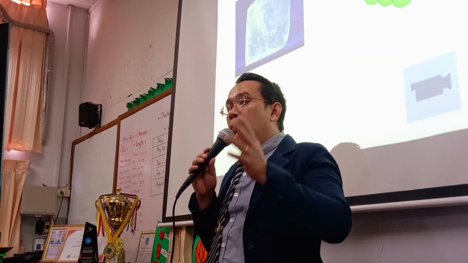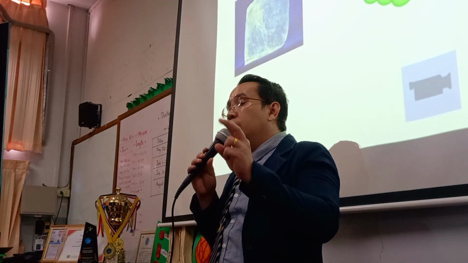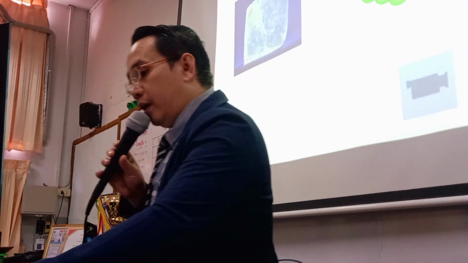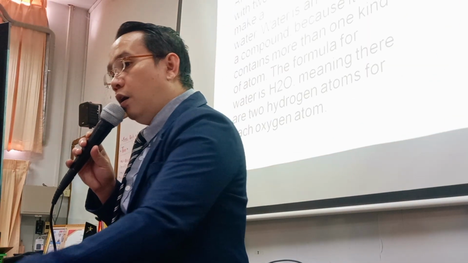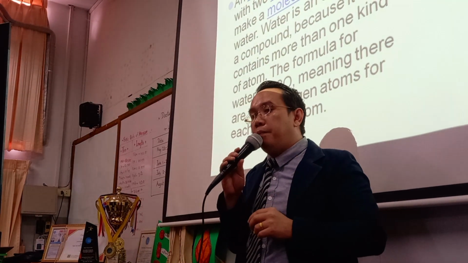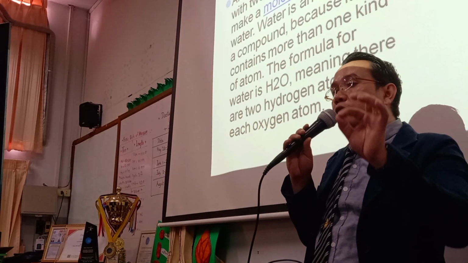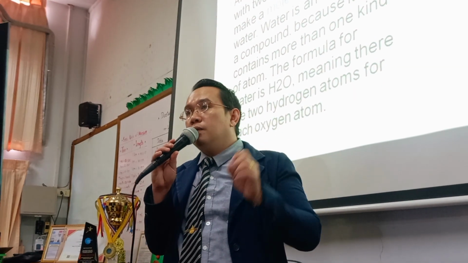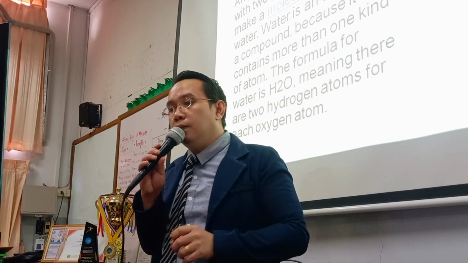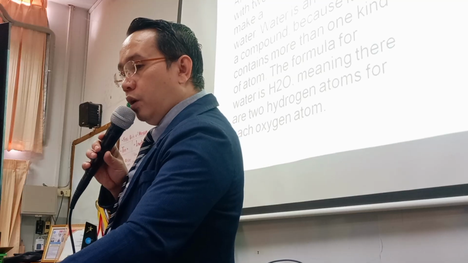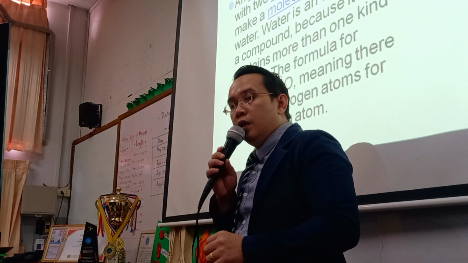Those come from two elements, sodium and chlorine. For water, H2O, an oxygen atom can bond with two hydrogen atoms to make a molecule referred to as water. The formula for water is H2O, meaning there are two hydrogen atoms for each oxygen atom.